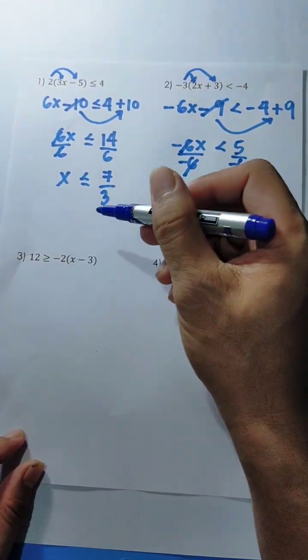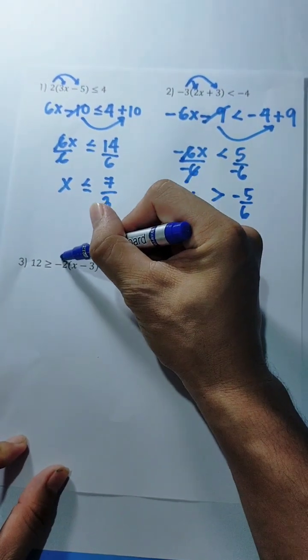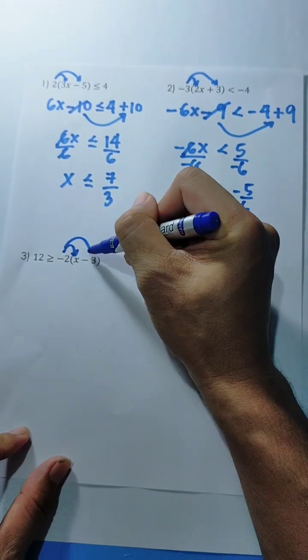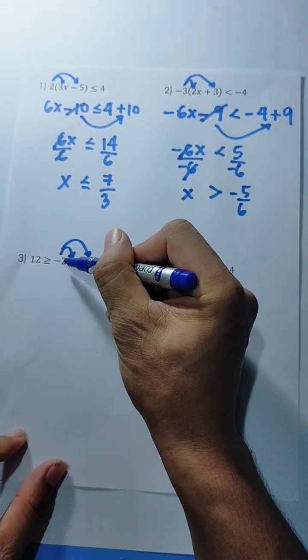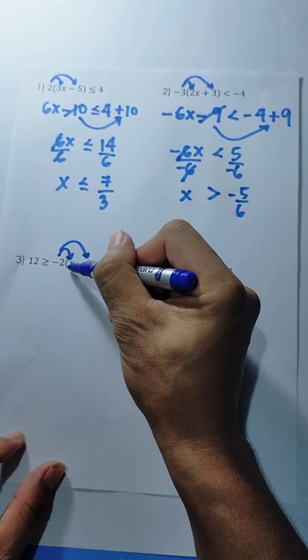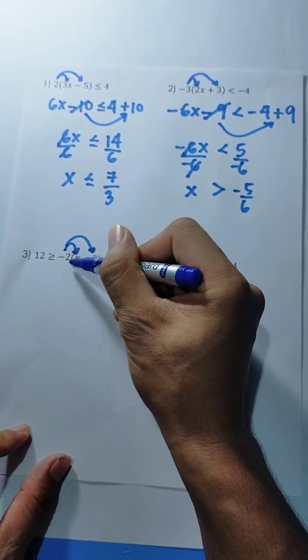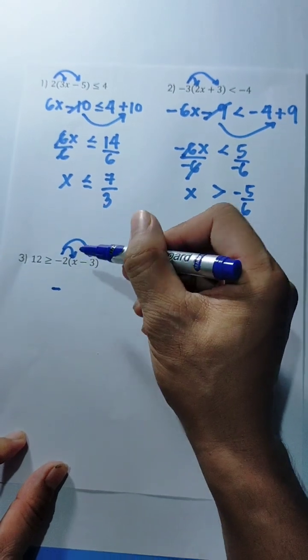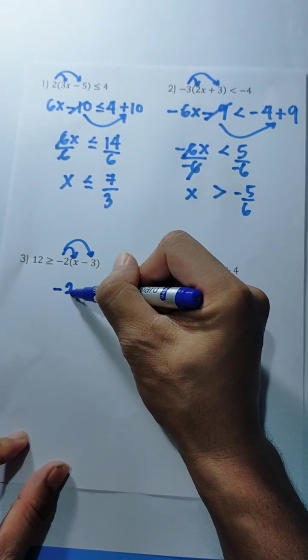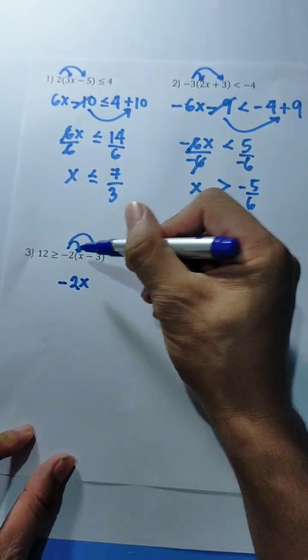Number 3. Distributive again. Negative times positive. We don't see a coefficient here, but that is 1. That's negative 2 times 1, including the x.